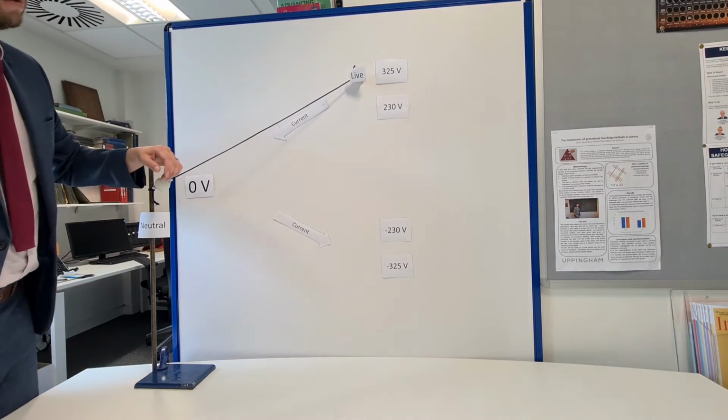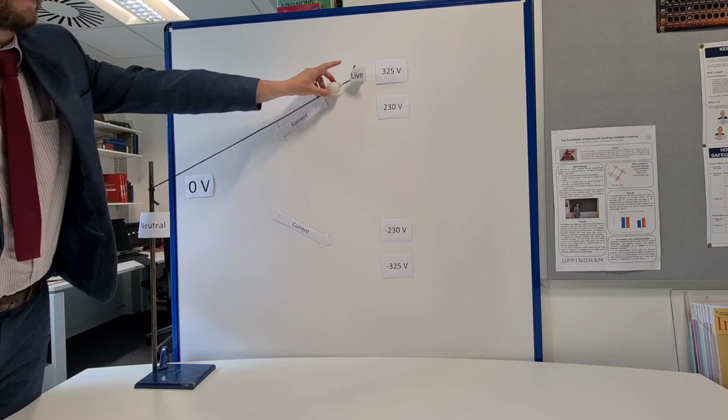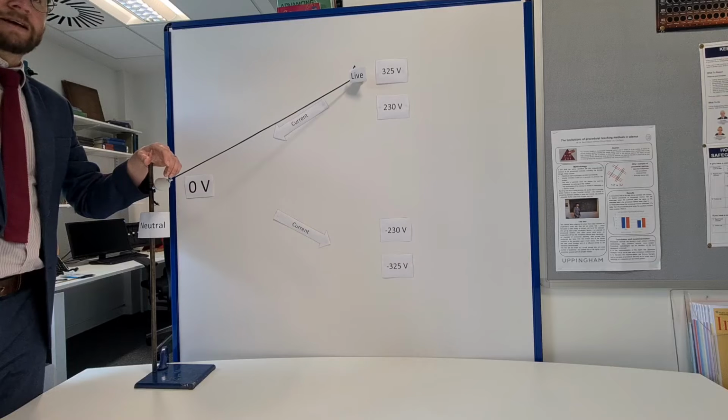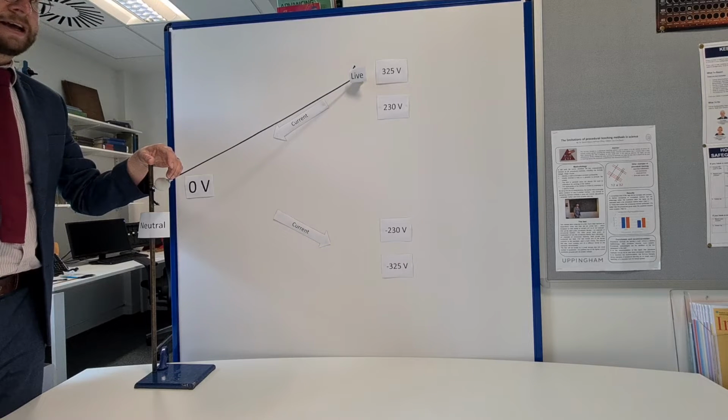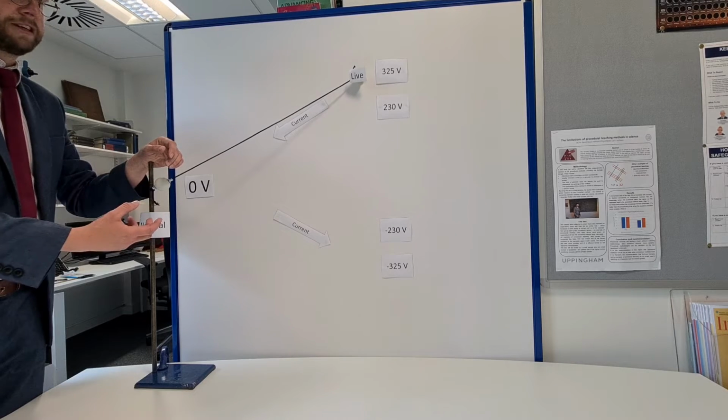Now here's another subtle detail as well. Notice how the current flows away when the voltage is very positive, and this is more to do with historical reasons. The direction of conventional current was made on the presumption that the charges were positively charged.